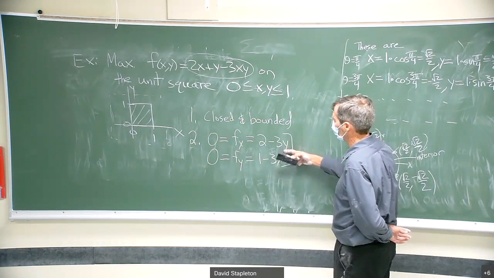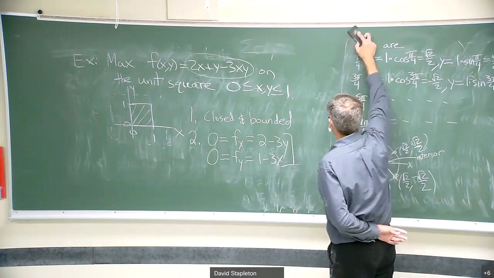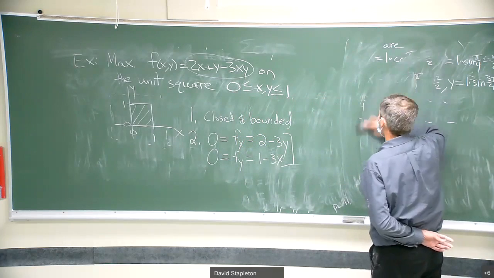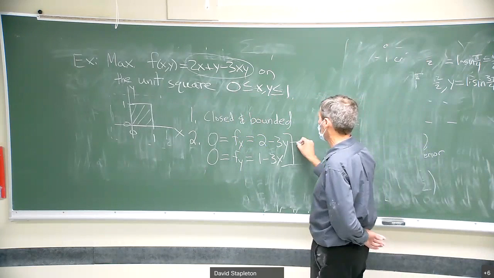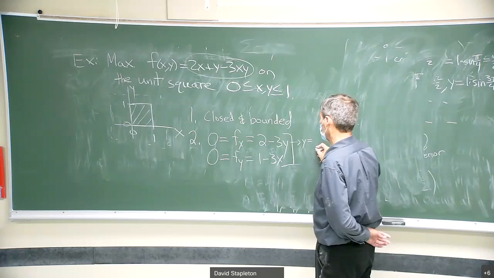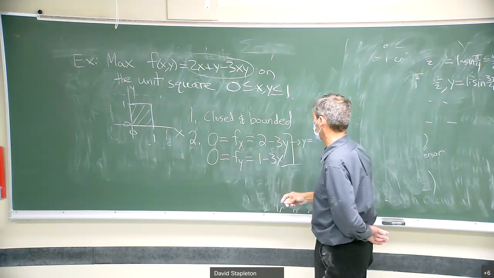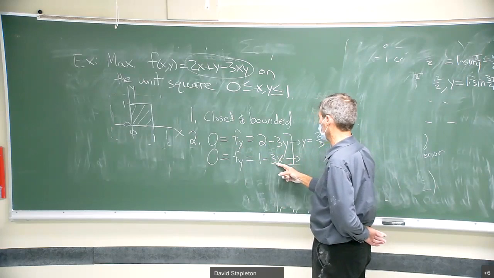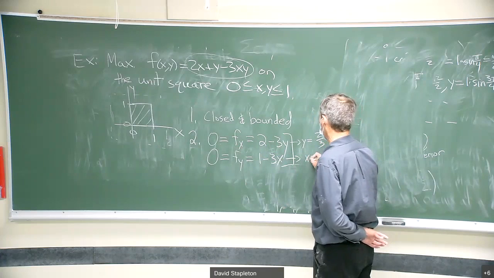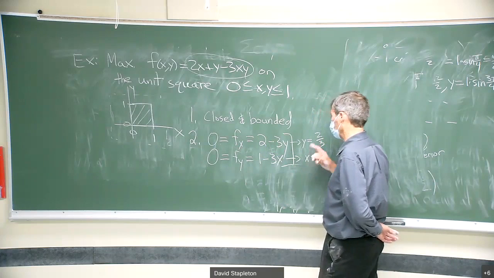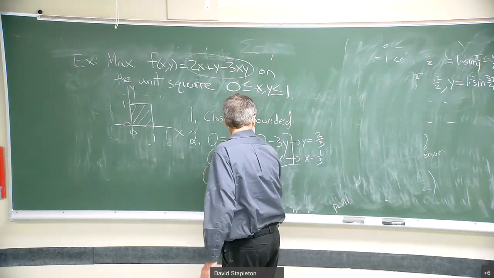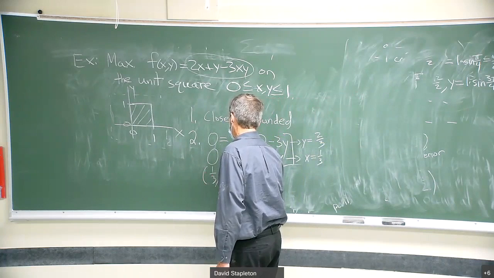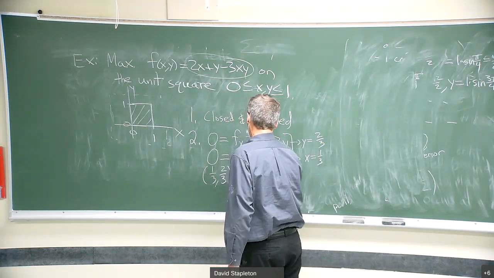I told you often you'll get nonlinear equations that are not so easy to solve, but these are two linear equations, very easy to solve. So this one says y equals 2/3. And 1 minus 3x equal to 0 says x equals 1/3. So there's only one critical point because you have to satisfy both of these. 1/3, 2/3 is the only interior critical point.